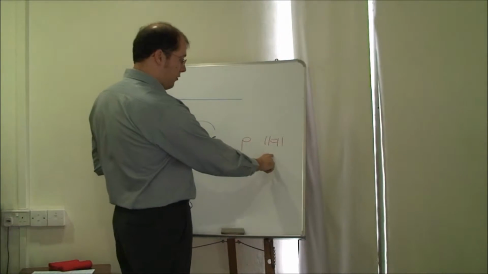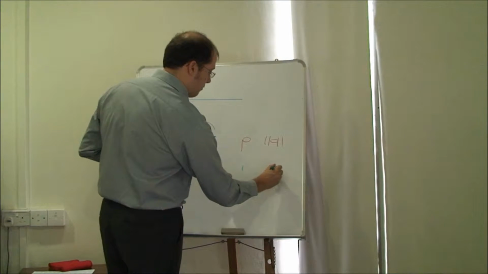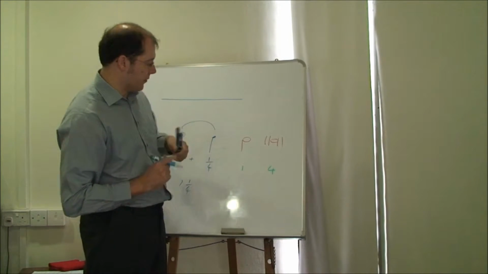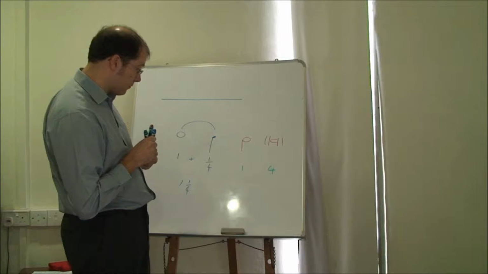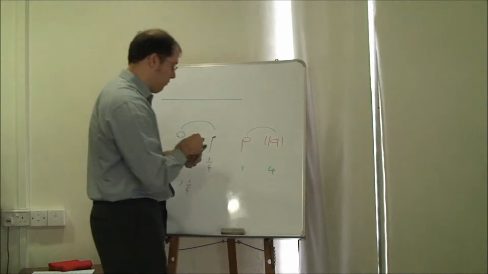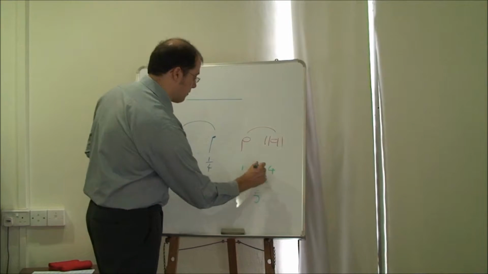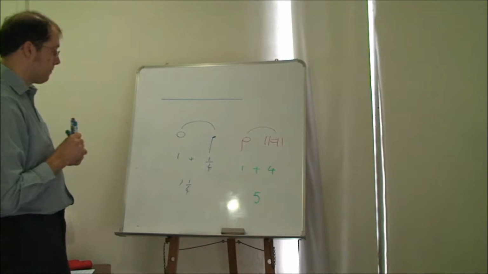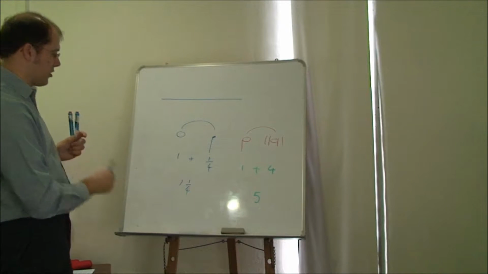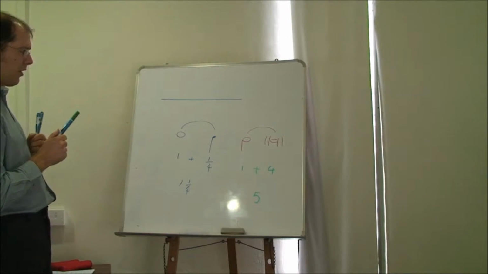And then this one would be 4, because 4 minims fit into 1 breve. So if we add these together, we would have 5 beats. So that can give us access to different numbers, but we still don't have threes.